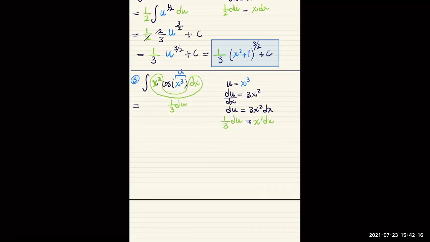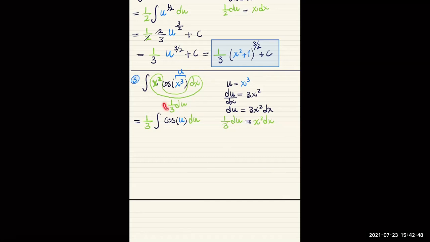So the integral now transforms to 1/3. 1/3 is a constant factor that you can take out of the antiderivative by the rules of antiderivatives. So I'm going to write the 1/3 out. Times the antiderivative of cosine of just u, du.